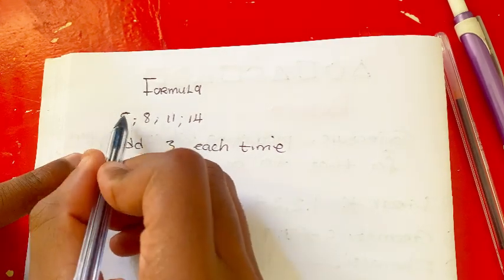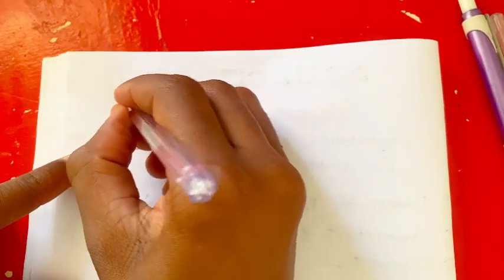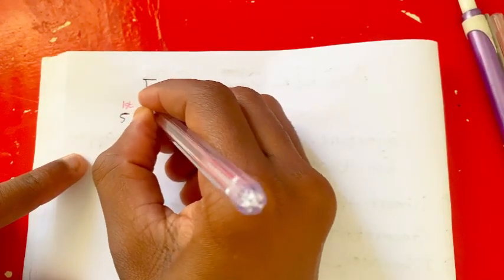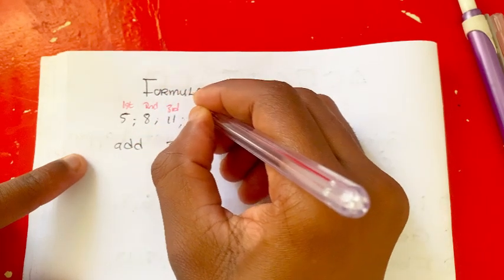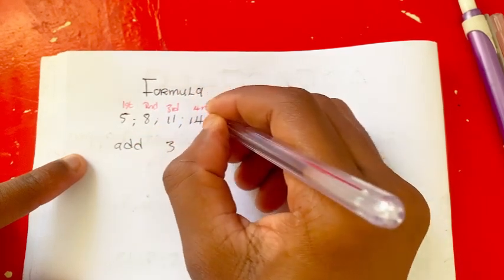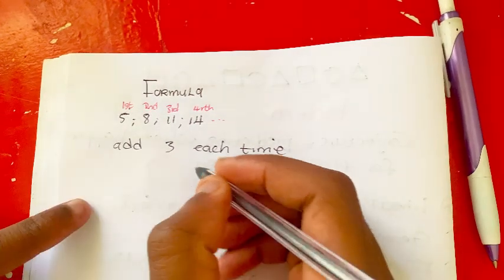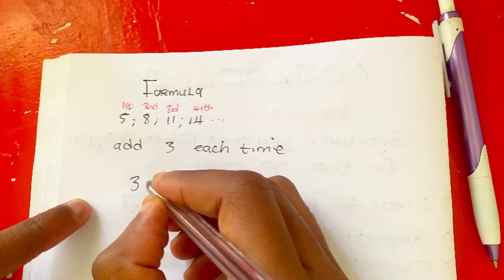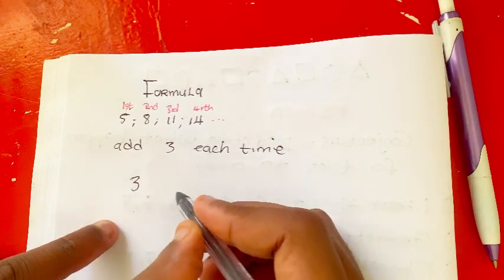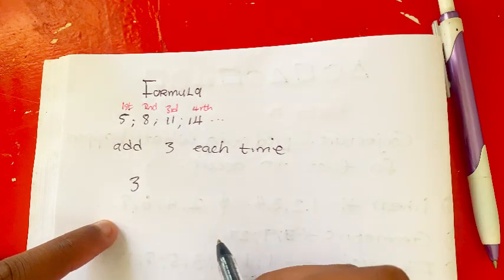And what you need to know is that this is your first term. This is your second term, your third, your fourth, and so forth. Okay? So we add 3 each time. What we ask ourselves is, what do we need to add or subtract to the first term in order to get 5?